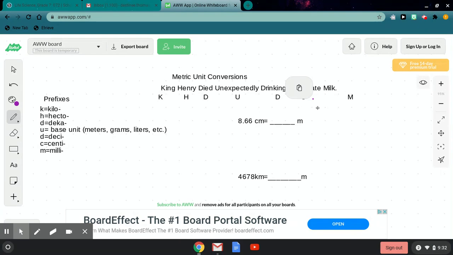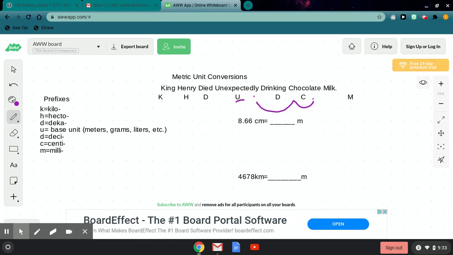Now, we want to convert this to our base unit of meters. Remember, this M stands for just meters. That's here. Okay, so we've got to move from centimeters to our base unit. So that means we have to move back one space, back two spaces, and we're here.